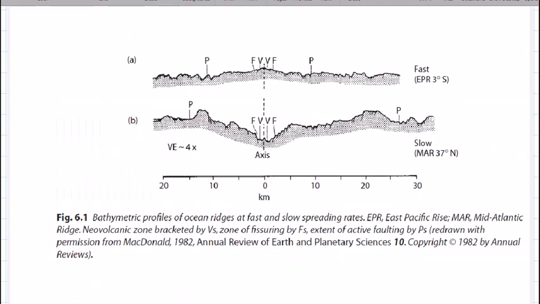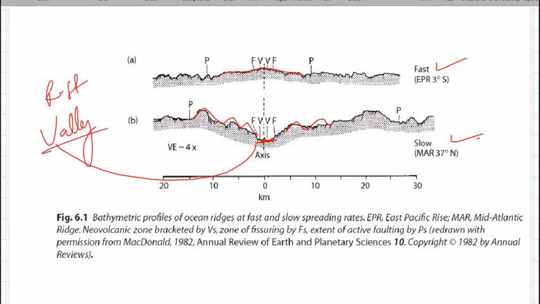If you look at the profile of a fast spreading ridge and a slow spreading ridge, you can see the fast spreading ridge is gently sloping, while the slow spreading ridge has mountains and ridges on the outside, and in between there is a rift valley.